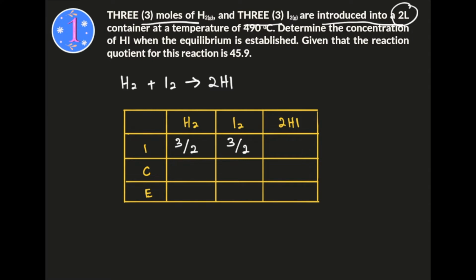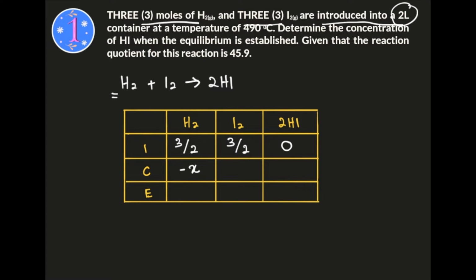And then at the beginning of the reaction, there's no hydrogen iodide being formed. So here, initially, there's nothing. So 0. Right? So by looking at the balanced equation, we are going to look at the C, which is the change. Since here we only have 1 hydrogen, so negative X. Why is it negative? Because it is the reactant.